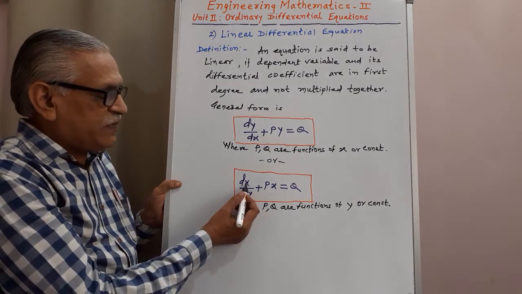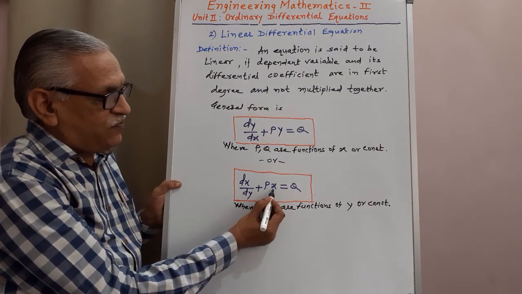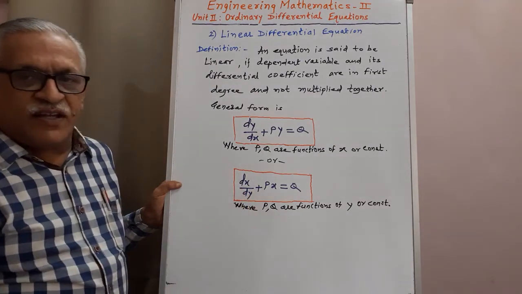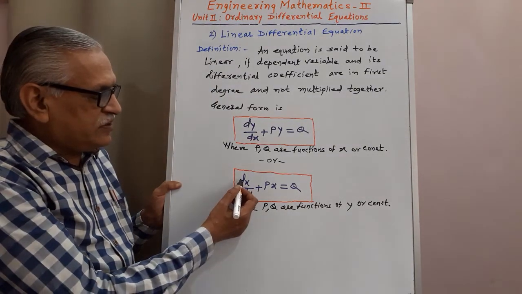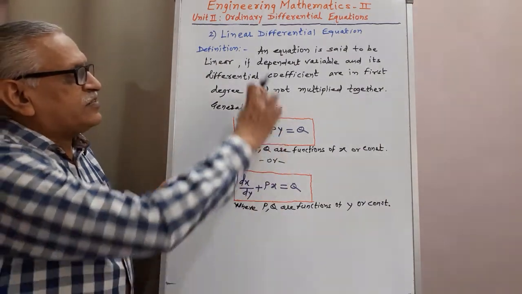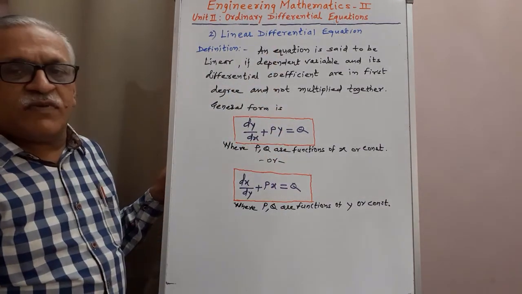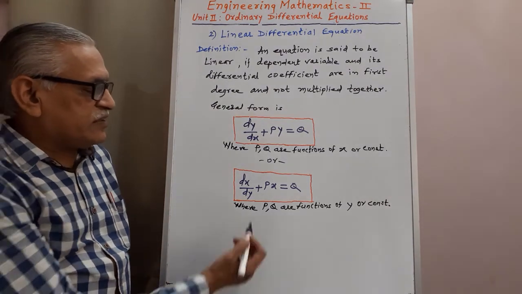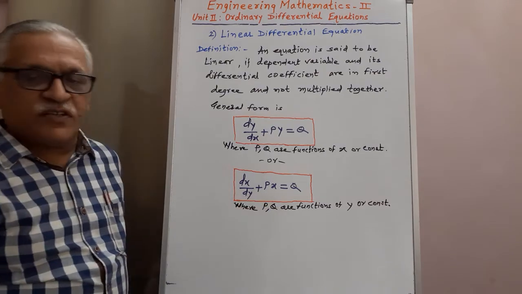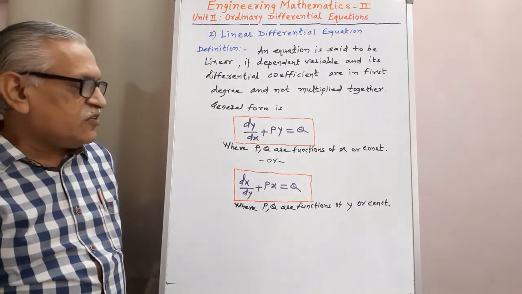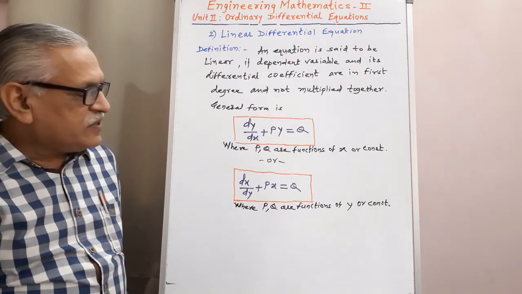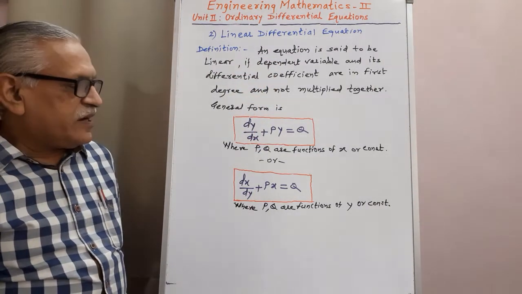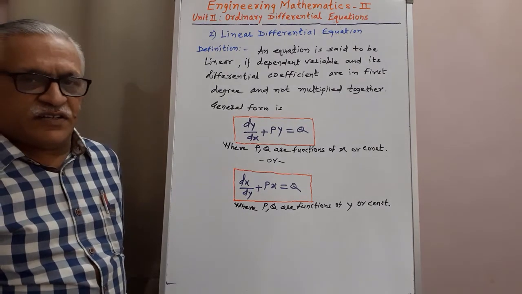Therefore, for the dependent variable x, the degree of x is 1, its differential coefficient is dx by dy, its degree is also 1, means the first condition is true. The dependent variable and its differential coefficient are of degree 1 and not multiplied together, means we are not getting the term of x into dx by dy, whatever simplification we perform. And as both the conditions are satisfied here, the differential equation is said to be linear.